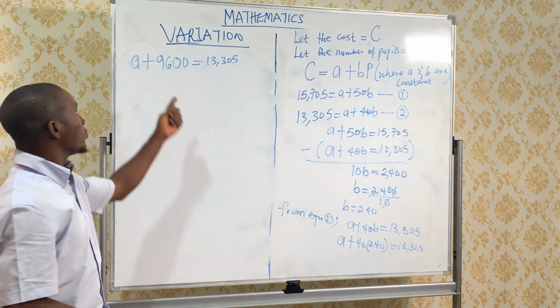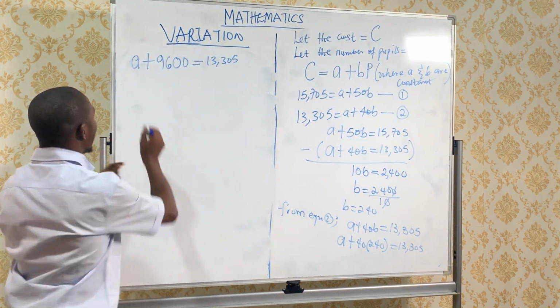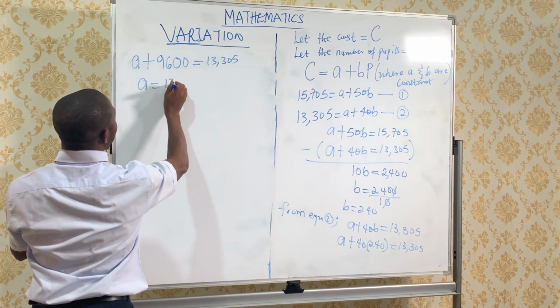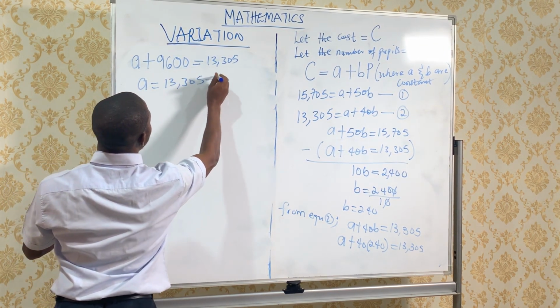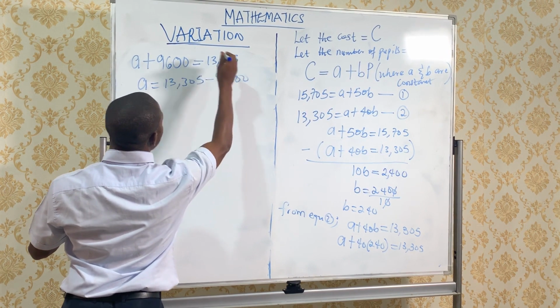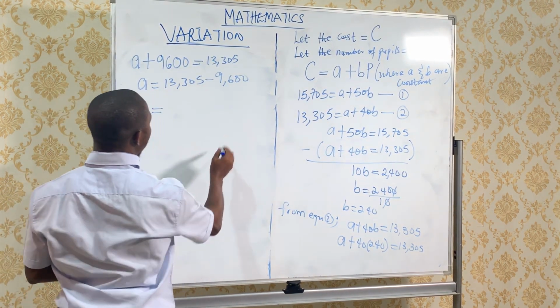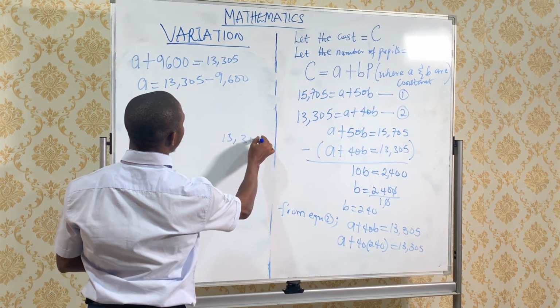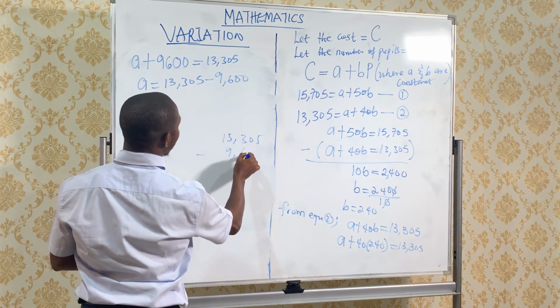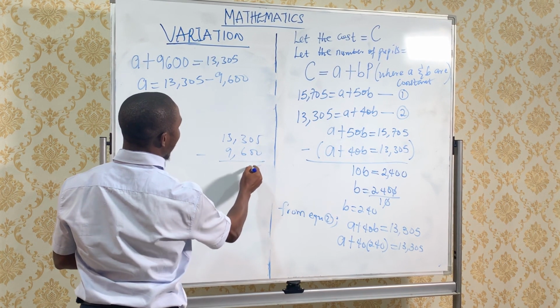To get A, we move this to the other side of the equation. So we have A equals 13,305 minus 9,600.